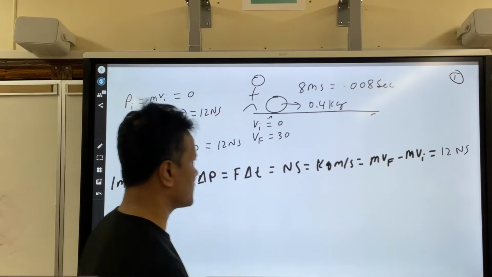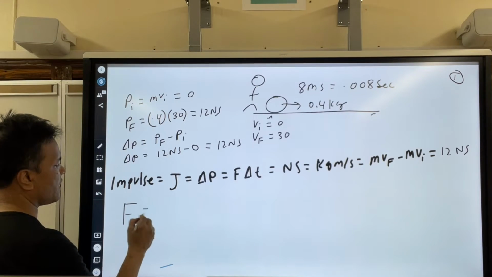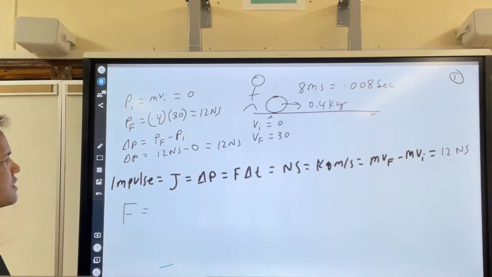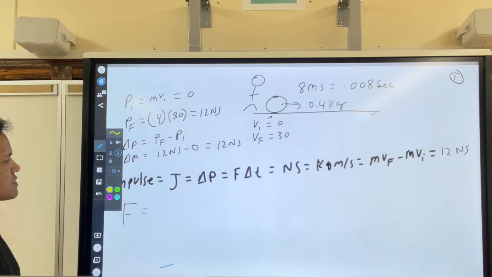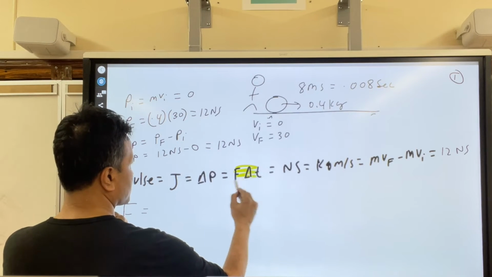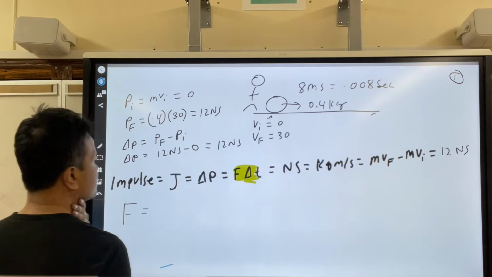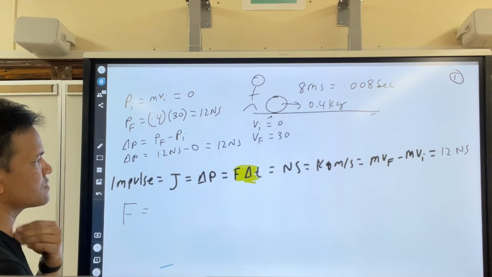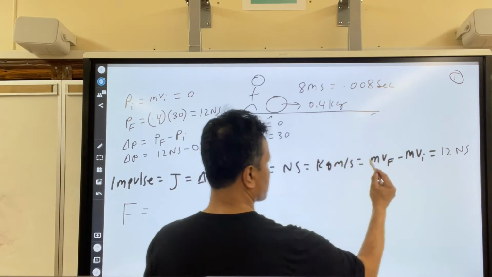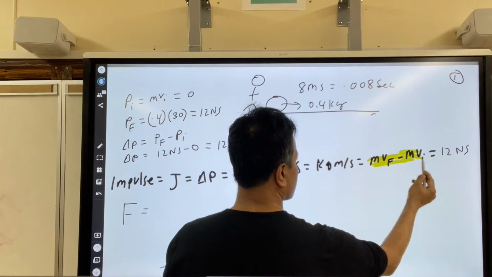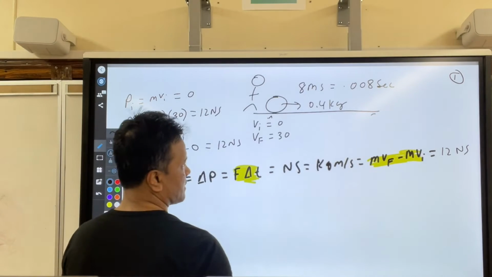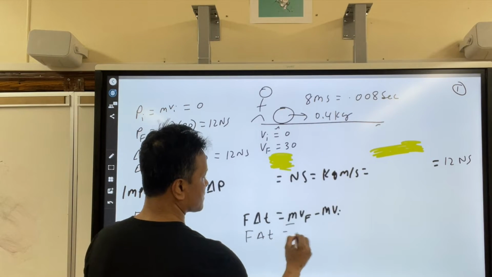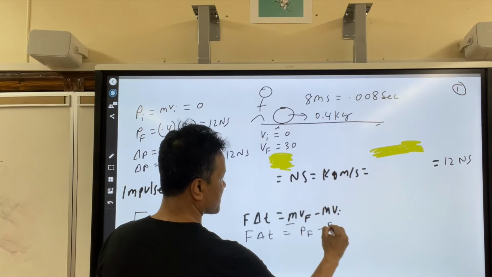Okay, good. We are to find the F. To find the F, which equation are we going to use? Let's highlight the equation we're going to use. We're going to use this one, and probably this one. Okay, these two. F delta T is equal to momentum final minus momentum initial.